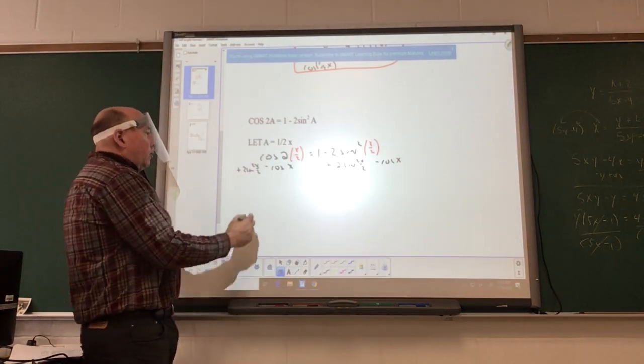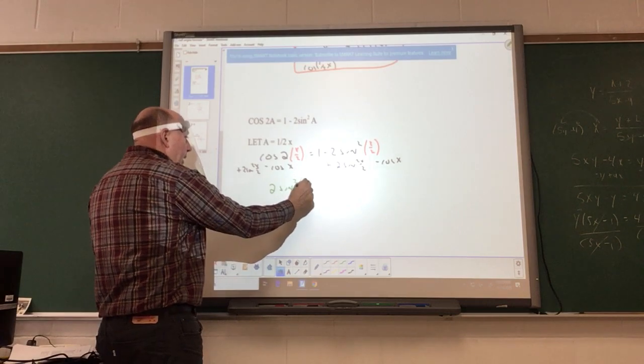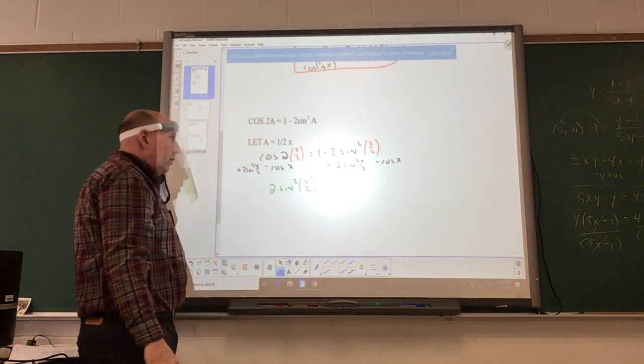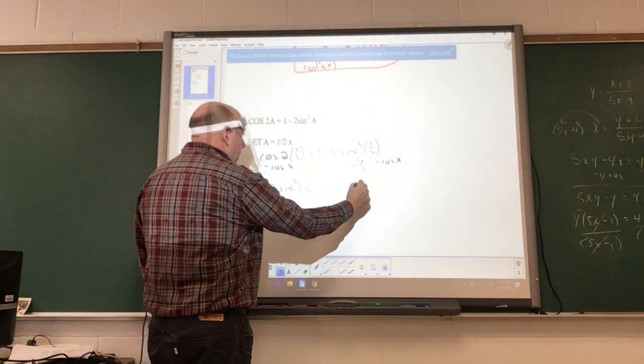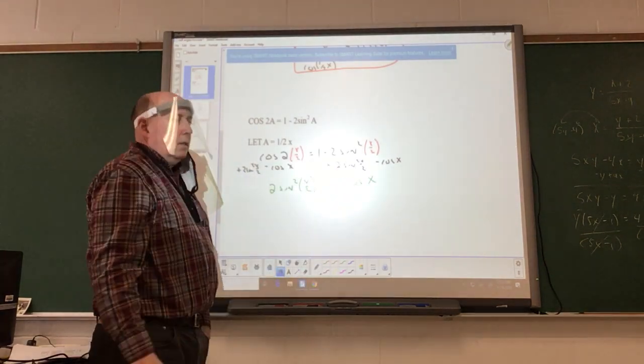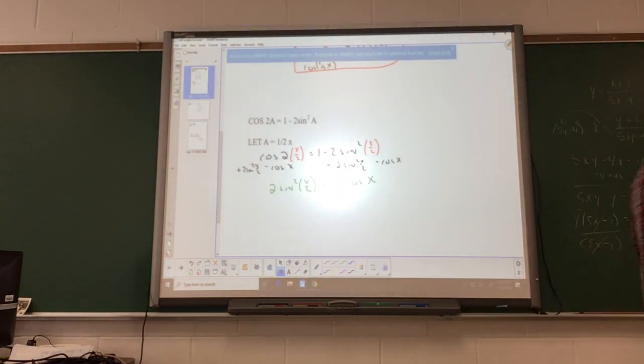So what we're left with is 2 sine squared x over 2 is equal to 1 minus cosine of x. Once again, it just makes my coefficient positive. Makes it a little bit easier.